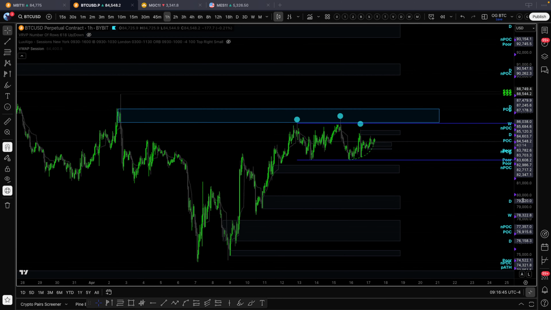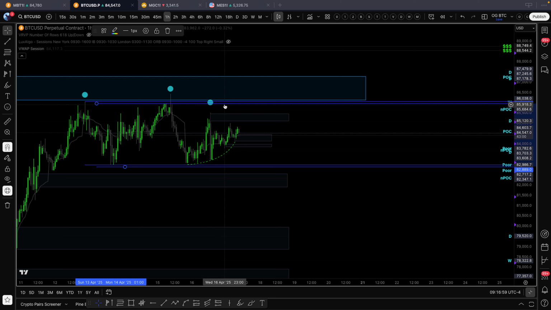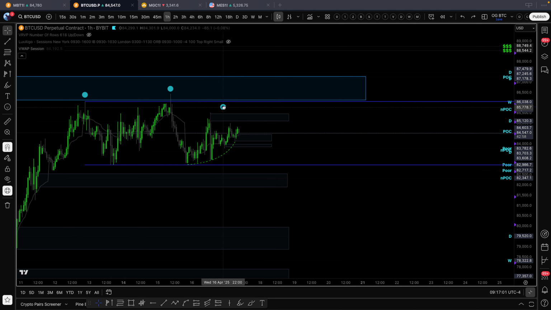And let's zoom in. So you would have a tap one, tap two. This is a potential tap three to confirm. However, it could still potentially come up one more time. Let me grab the dot.